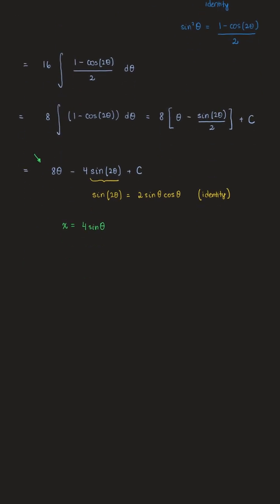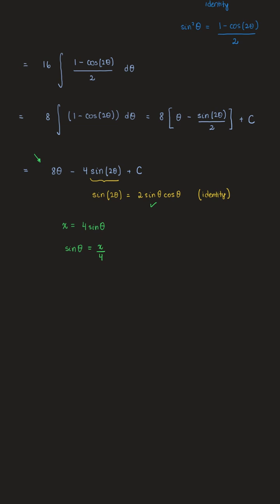Okay, so we can see here that if I divide both sides by 4, sine of theta is x over 4. I need theta. That's one of the things that we need. We also are going to need sine and cosine. We already have sine, which is great, but we are going to need cosine also.